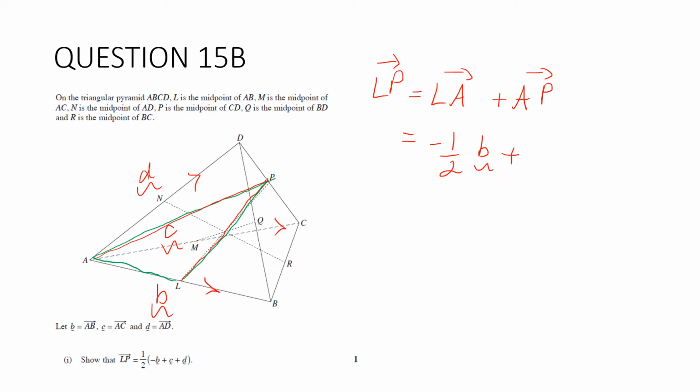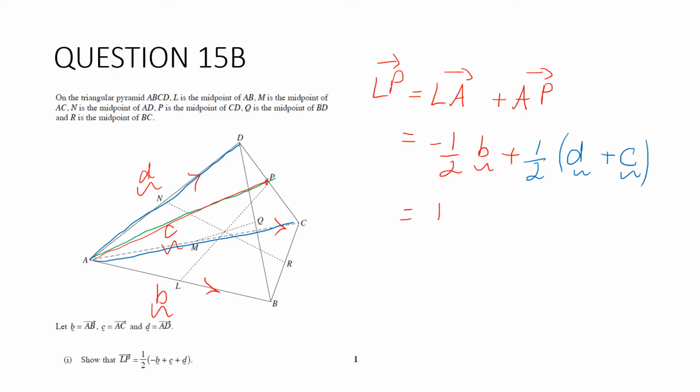That's the midpoint. I'm running out of colours here. I'm just going to get rid of a little bit. It is the midpoint of AC and AD. So in other words, it's equal to a half of D plus C, which means it's equal to a half negative B plus D plus C.